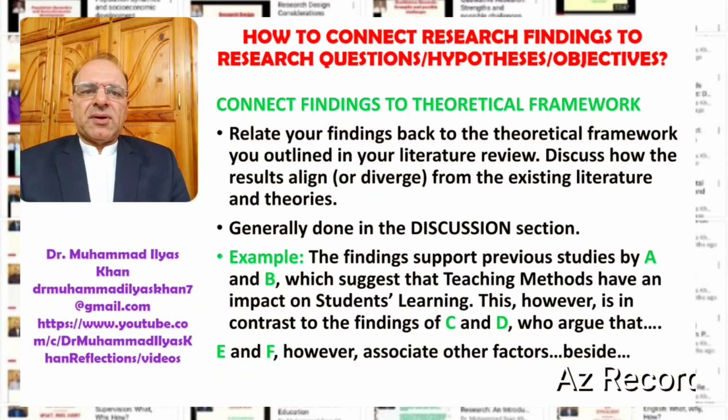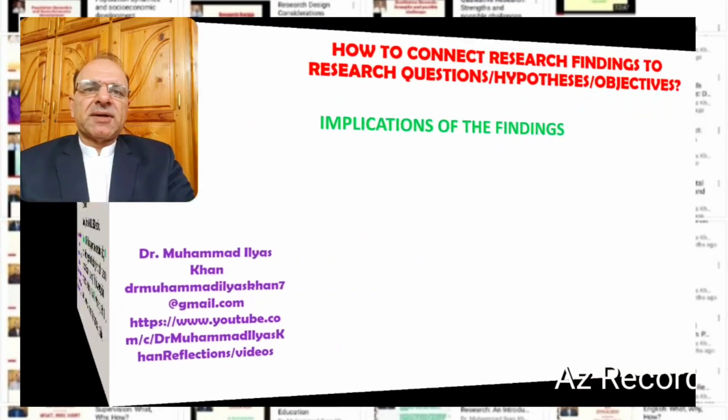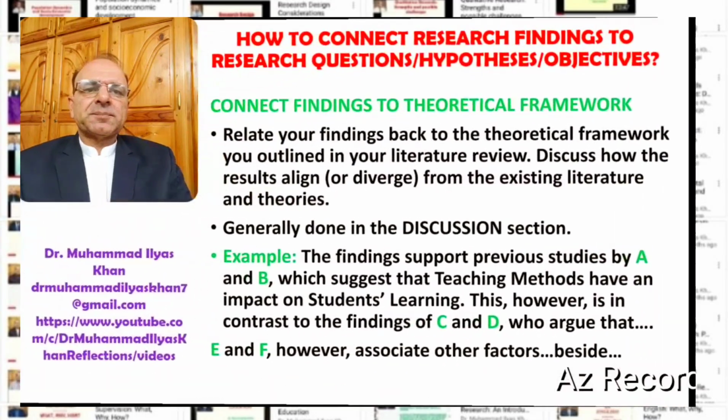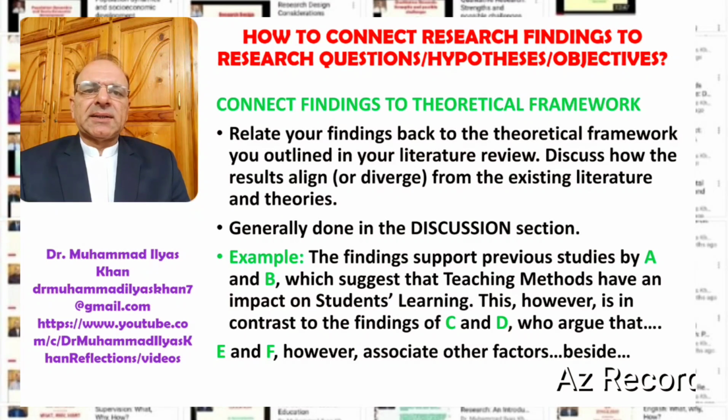E and F, here I am referring to previous research, however, associate other factors besides, for example, the impact of teaching methods on students' learning. So this is an example of a discussion where we are bringing back our theoretical framework or our main theories, and in the light of those theories, we are organizing and critically analyzing our findings.